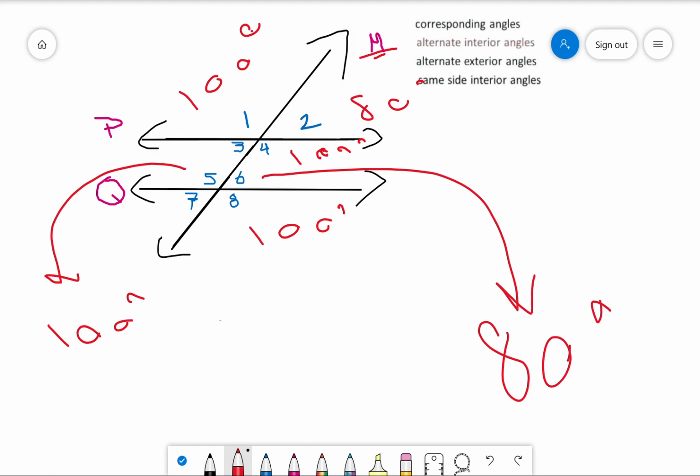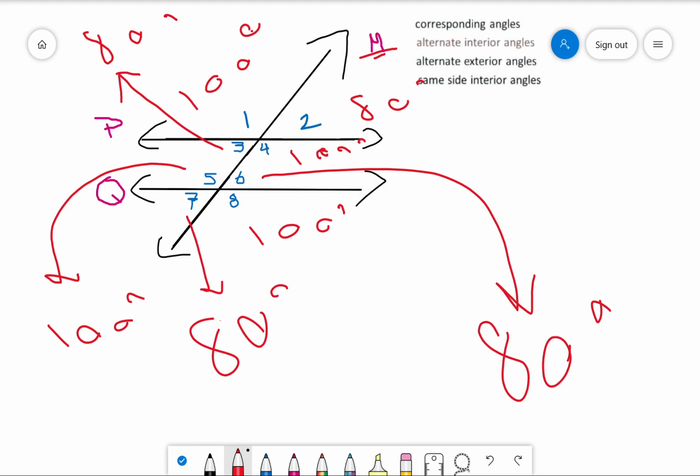Angle 3 is again 80 degrees, since angle 2 and angle 3 are vertical angles. Angle 7 is also 80 degrees, since angles 3 and 7 are corresponding angles.